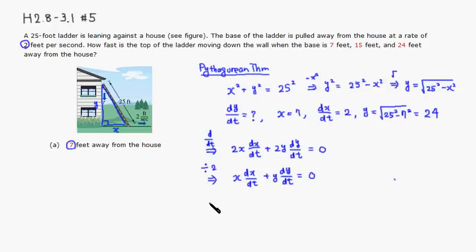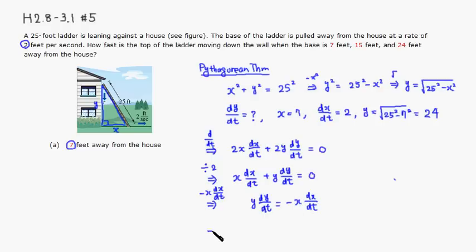Then we subtract x times dx over dt, so that y dy over dt is equal to negative x dx over dt.